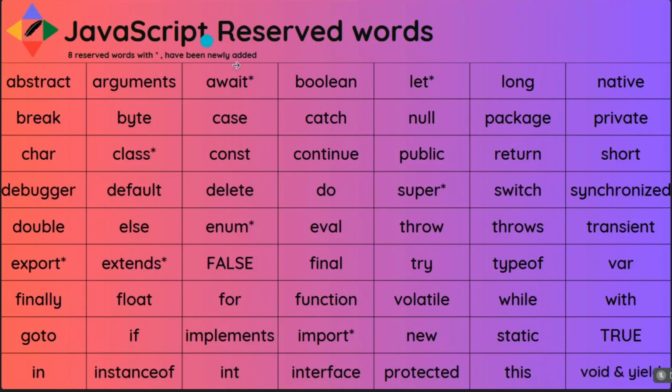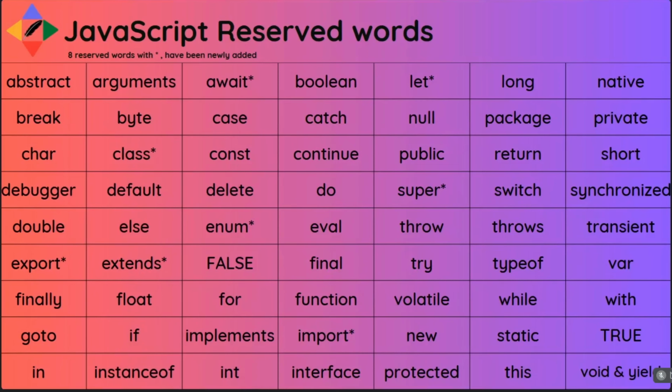The ones with the asterisk symbol, 8 reserved words, are the ones that are newly added, because any programming language keeps on evolving. New things are always added to make the programming language more appropriate for that particular time period.